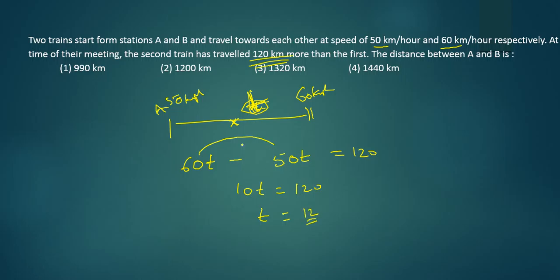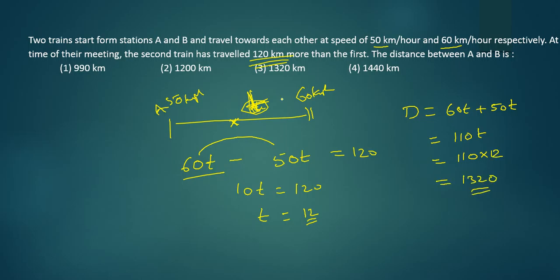Now the total distance is nothing but the distance covered by the first train plus the distance covered by the second train. That is nothing but 110t. What is t here? We got t equals 12. On simplification, you will get 1320 kilometers. Simply, the answer is option 3.